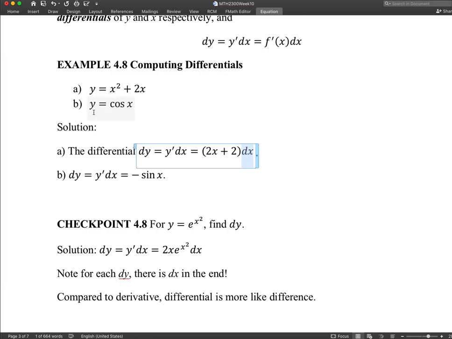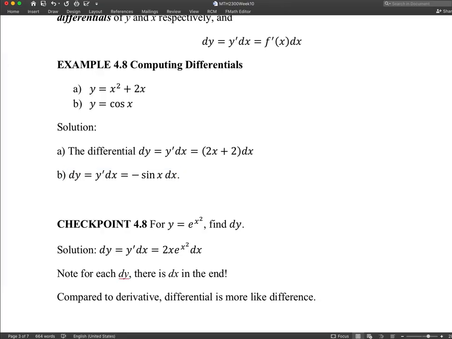And similarly for part B, dy is y prime times dx, where y prime is negative sine x. And actually, I really have to correct myself. Negative sine x is the derivative y prime. dy is y prime times dx. This is what I want to correct.